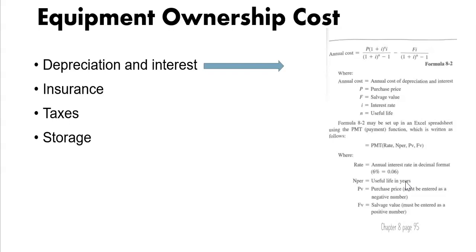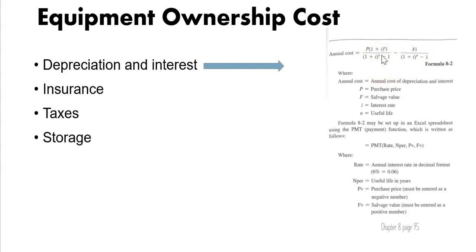And the values that you put in the formula will usually be given to you, and the resources to find out those values is something that you should know in industry. For example, if you look at this formula, P stands for the purchase price, F stands for salvage value, then you have I, which is interest rate, and then you have N, useful life.